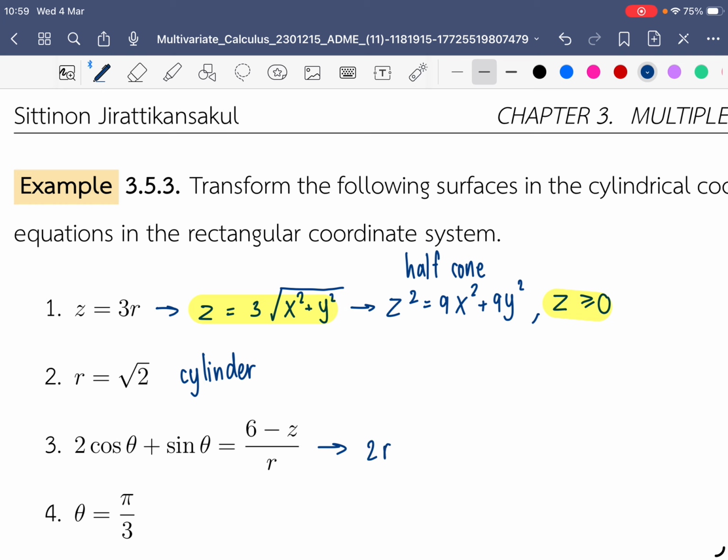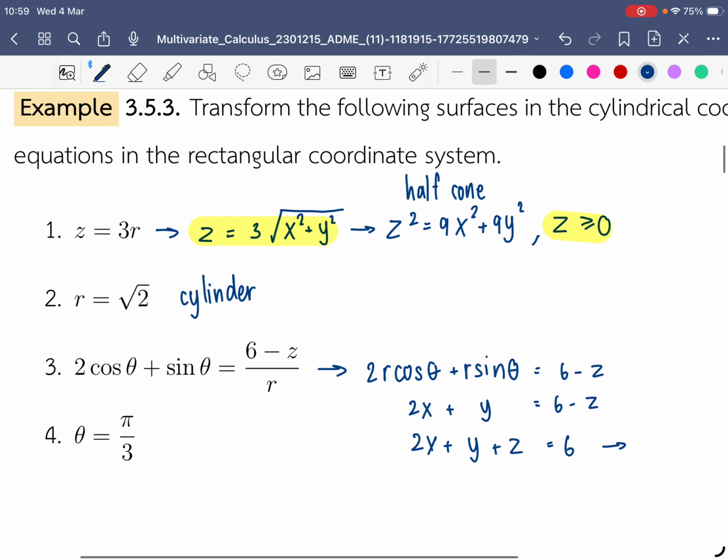This one is 2x plus y is 6. If we have a linear equation like this, it is just a plane, right? And usually I'll ask you to draw it in the first octant.